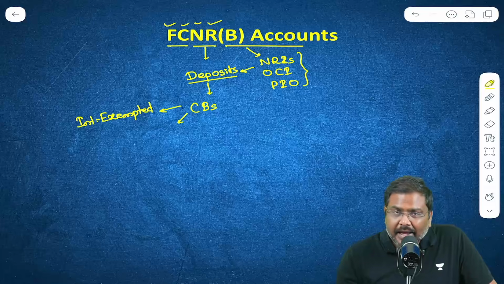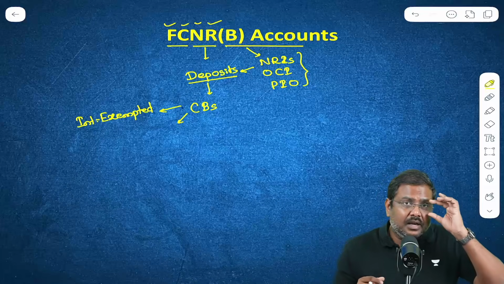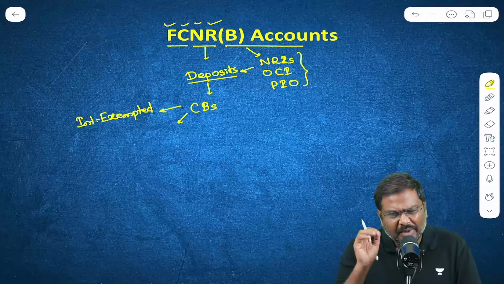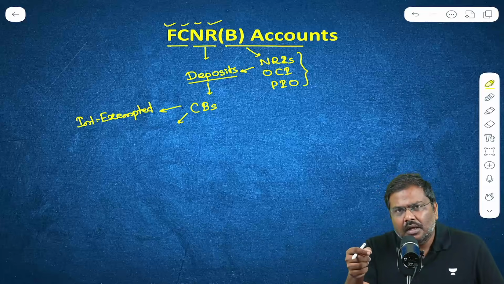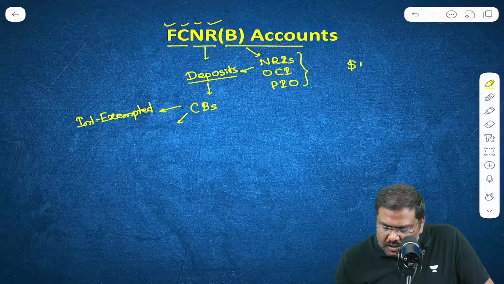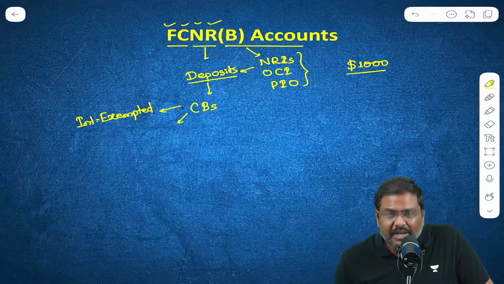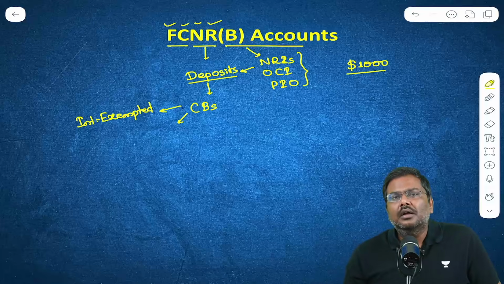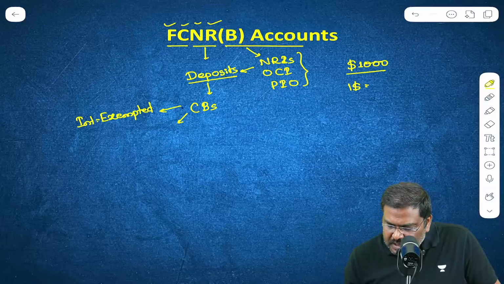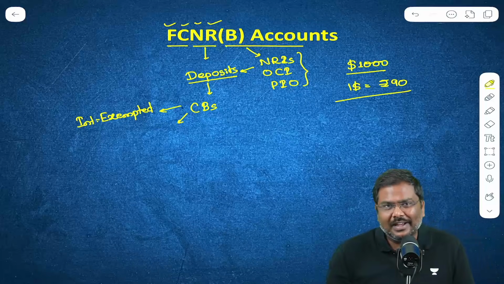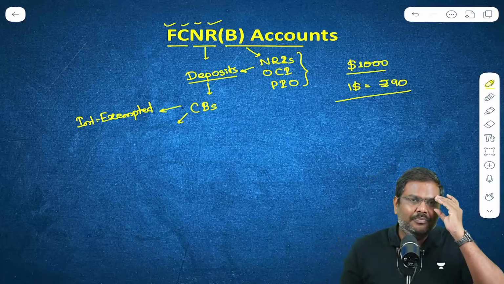Second, the exchange rate risk in case of these particular deposits is borne by the banks. What is the meaning? Let me explain this with a simple example. Let's say today, the NRI will deposit $1,000 under an FCNR deposit for a duration of 3 years with a commercial bank. And the exchange rate today was, imagine $1 is equal to 90 rupees, hypothetically. I know it is not 90 rupees right now.